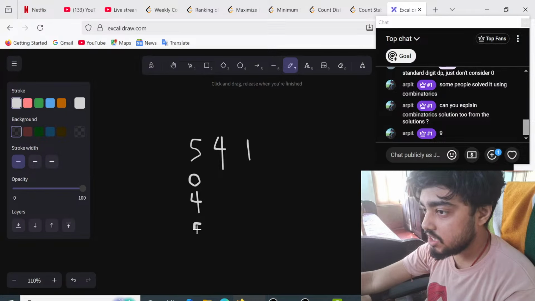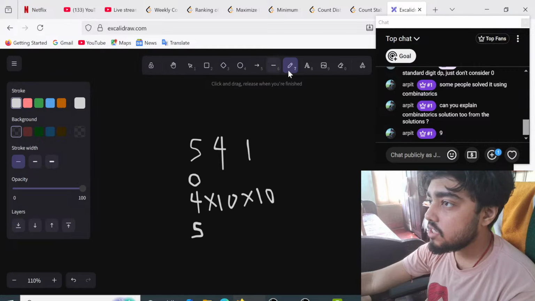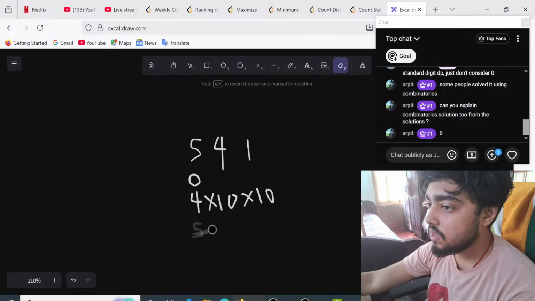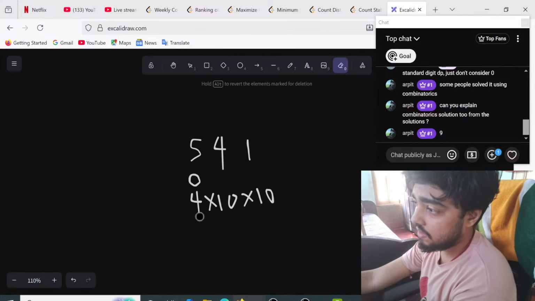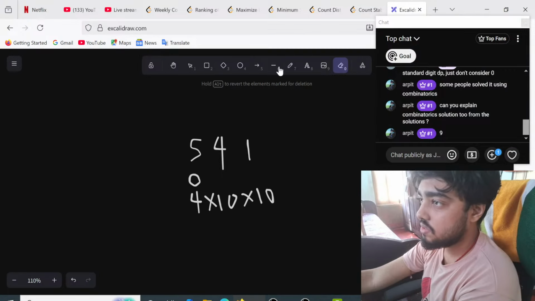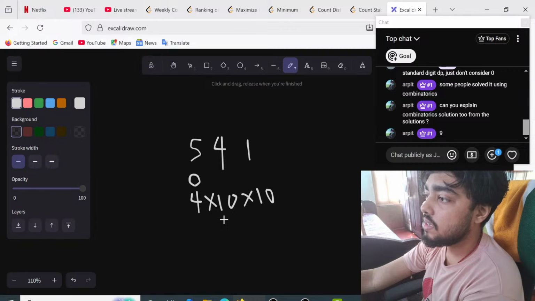So for 0, I am not going to consider first of all. For 4, it is 10 into 10. Now for this 5, we can ignore this, but since this is the 5, now this can't be zeros. This can't be zeros.